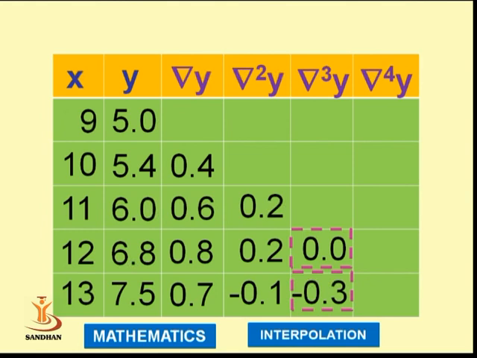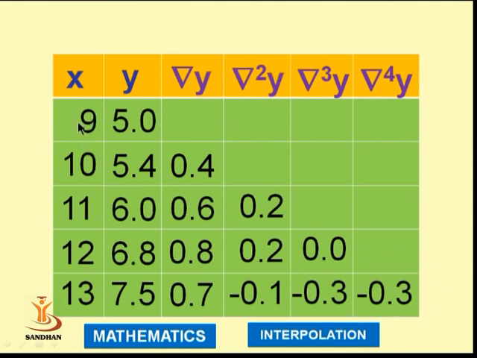In this case, it is minus 0.3 minus 0, which gives us a value of minus 0.3. Since we have a table of 5 points, the number of terms in the fourth order backward difference would be 5 minus 4, which is 1. As a result, we have one fourth order backward difference in the table.